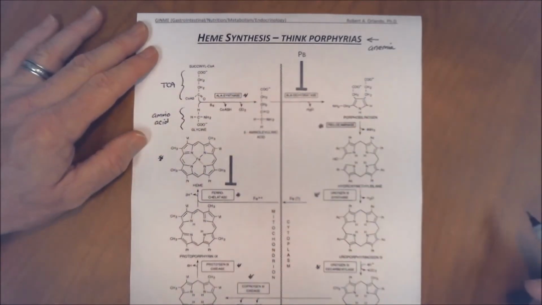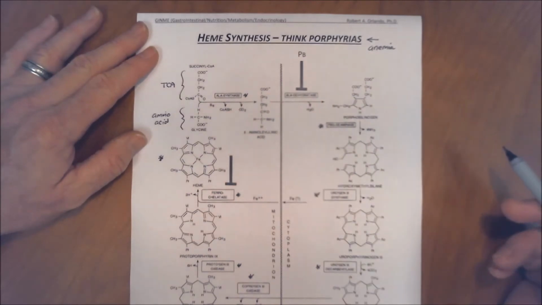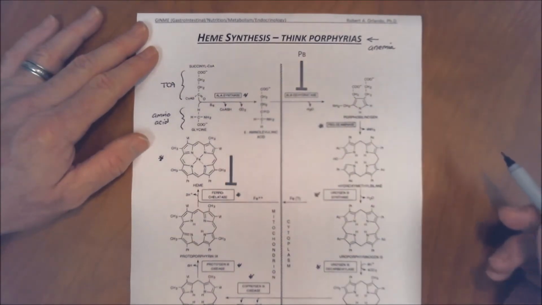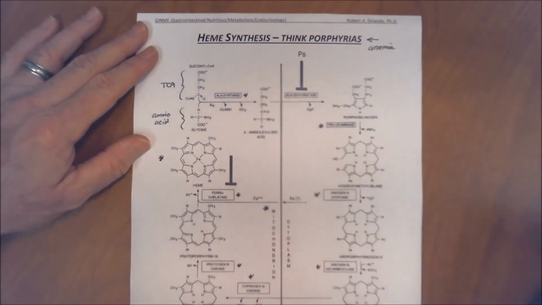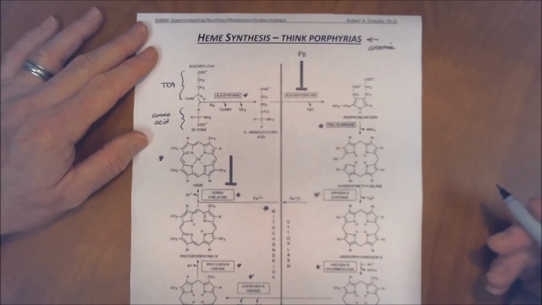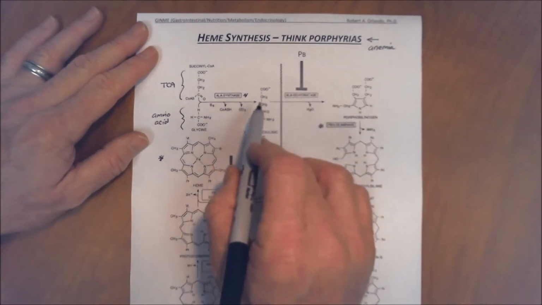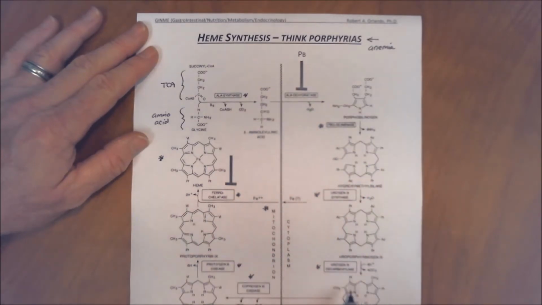Now, in order for a TCA intermediate, succinyl-CoA, to be a substrate in heme synthesis, it's localized in the mitochondria. So that's why heme synthesis involves both mitochondrial and cytoplasmic enzymes. And there's a passage between these structures.